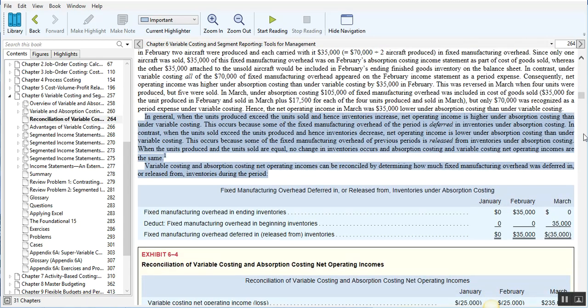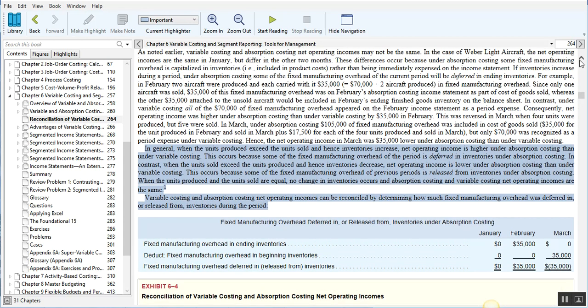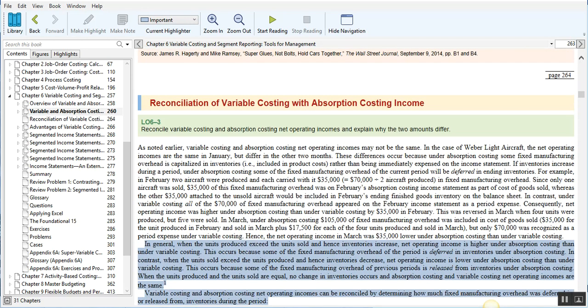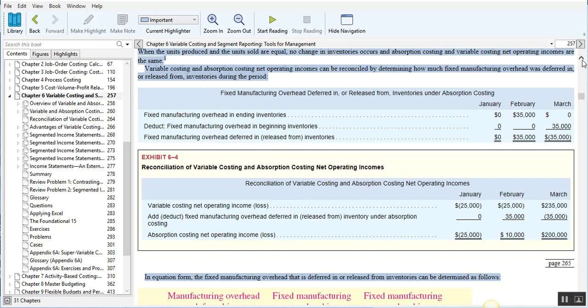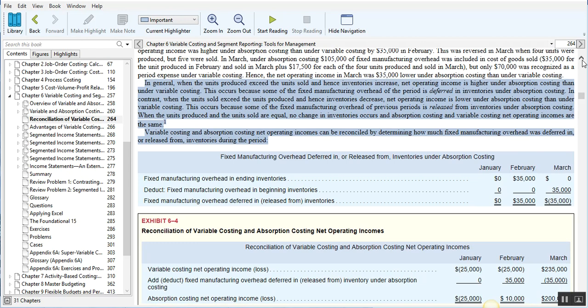So, reconciling these 2 approaches. Let's go down here to this highlighted section. I think this is pretty important. And again, I know you can read, but I'm going to go ahead and go through this. In general, when the units produced exceed the units sold, and hence inventories increase, net operating income is higher under absorption costing than variable.